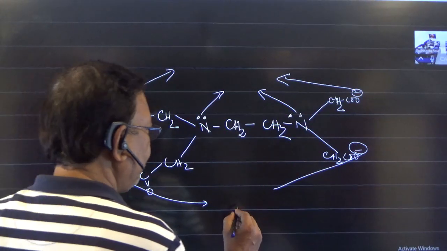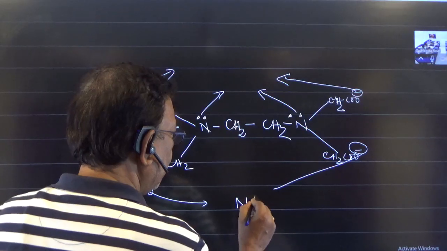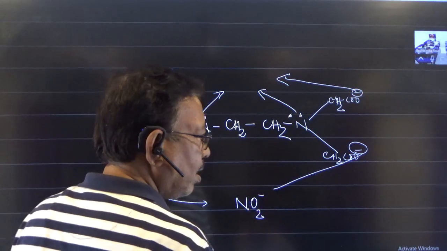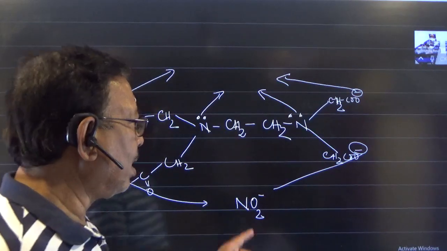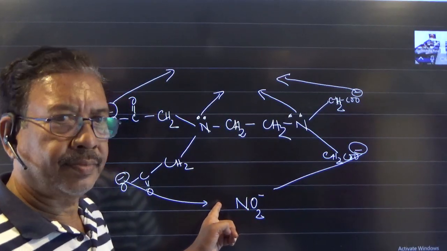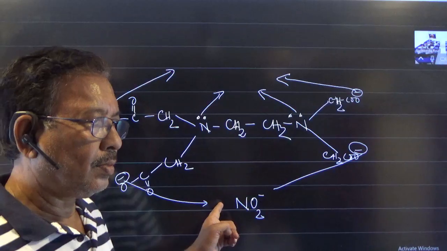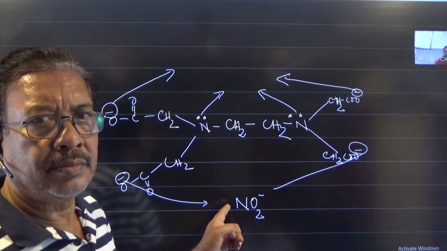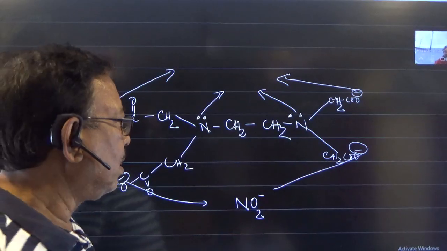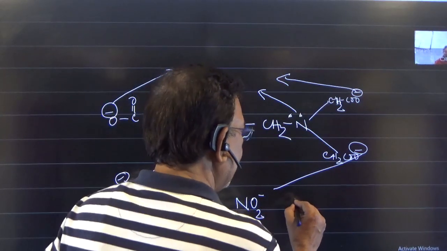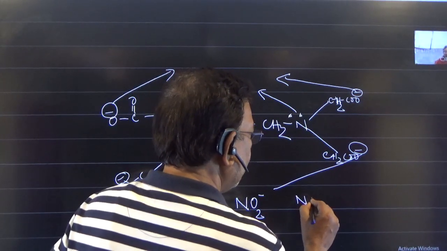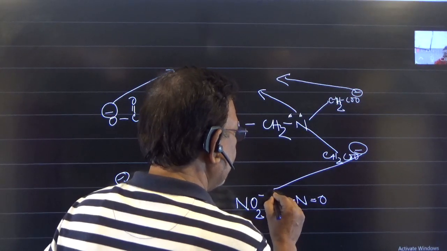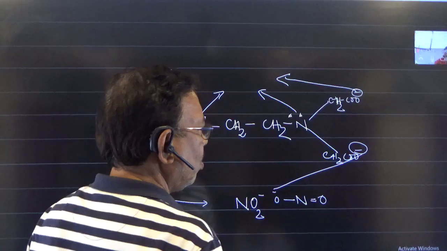For example, Ananya, what is the name of this? Nitrito. Correct. Nitrito, I can write N double bond O minus.